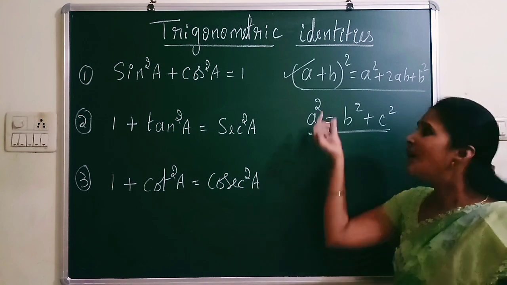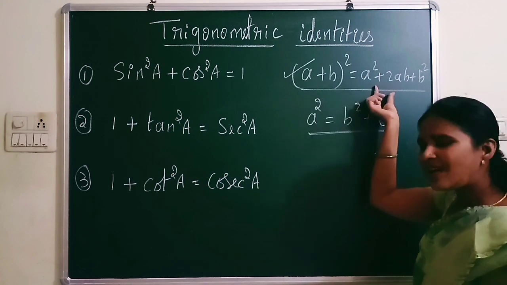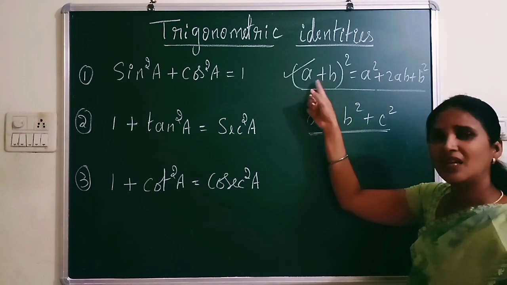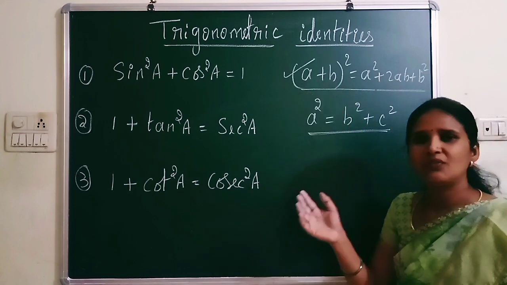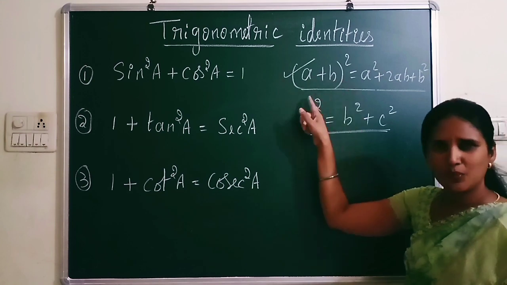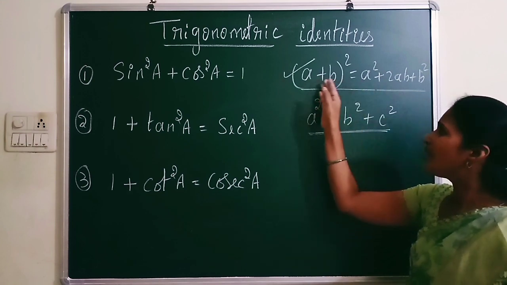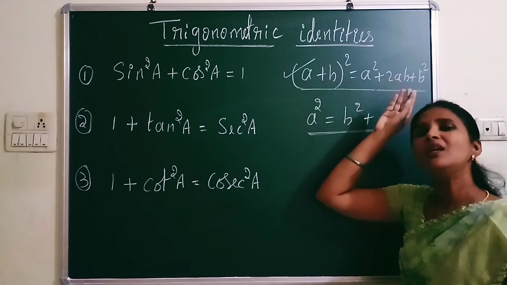You check the left hand side and the right hand side of this statement, they are equal for any values of a and b. Any real number you put in place of a and b, the left side and right side values will be equal.